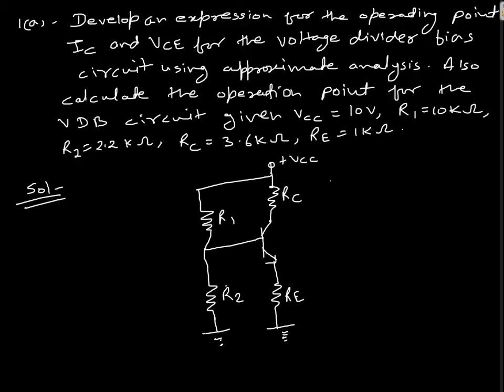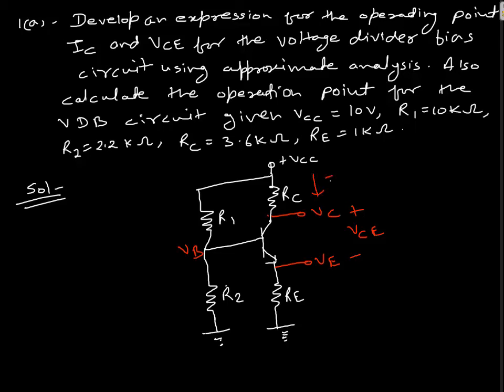Now here, if we note down the values of voltage and currents, this voltage will be VB, this is VC, this is VE. In between we have this voltage VCE.